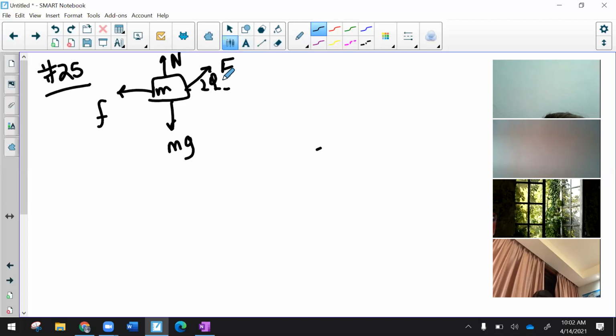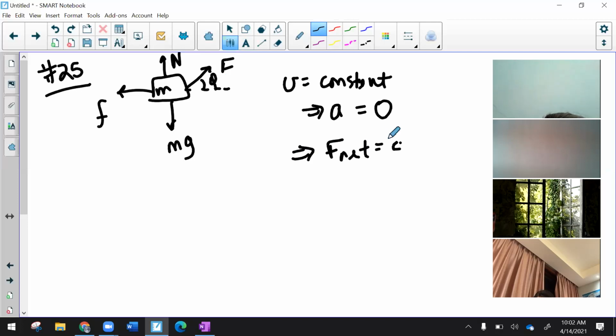So if the block is moving at a constant speed, so v equal to a constant, you wouldn't write this down on the exam, but you've got to think about it, means a is equal to 0, means F net is equal to 0. So if F net is 0, my forces have to balance.